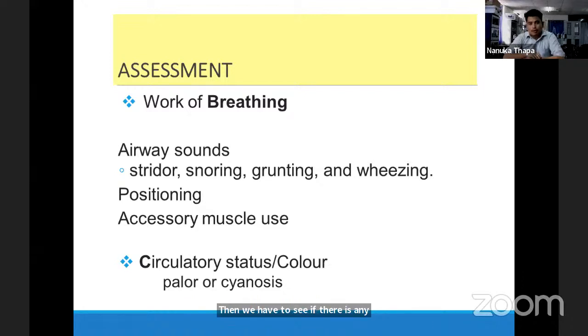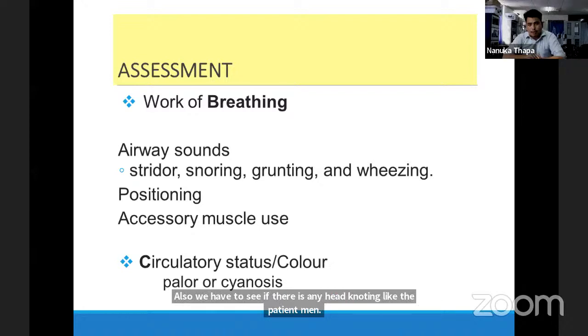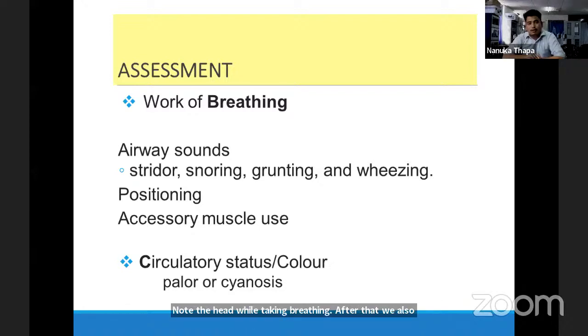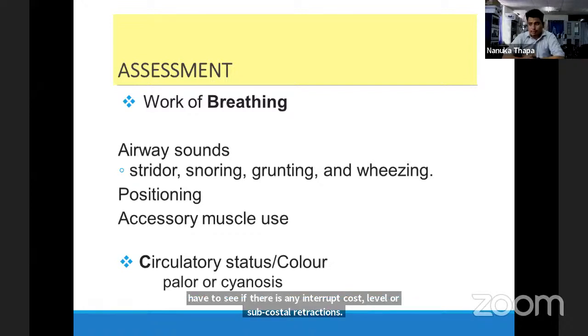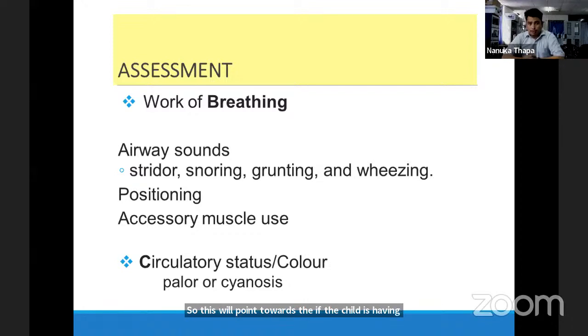And also we have to see if there is any head nodding, like the patient may nod the head while breathing. After that, we also have to see if there are any intercostal or subcostal retractions. This will point towards the child having respiratory distress or respiratory failure, so they may start using the accessory muscles, and we need to start immediate action for these patients.